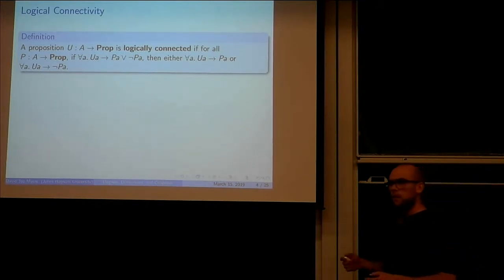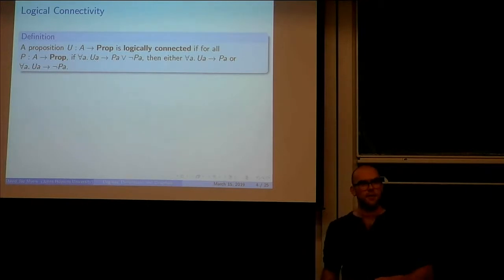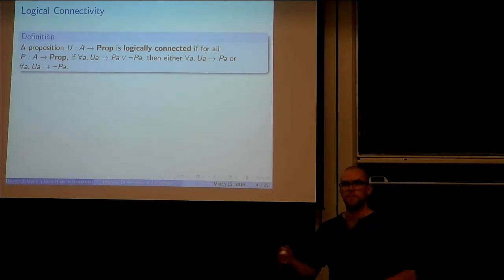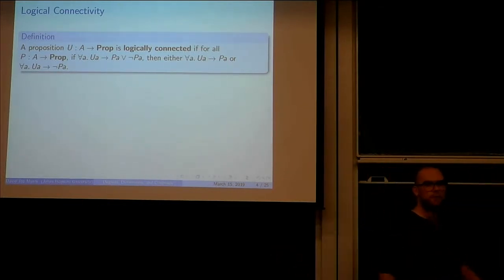So you might think another way to say this is if you put something connected in and you take some proposition about it that must either be true or be false, then it must be true everywhere or false everywhere.